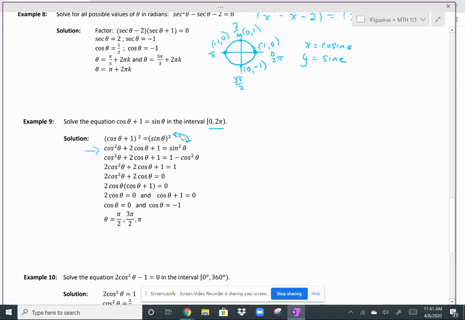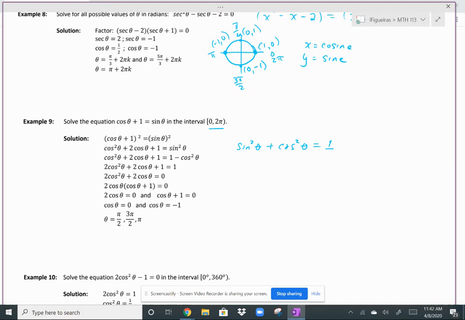All right, so now is when I'm going to do my substitution. Again, because I have sine and cosine in my equation, I'm going to get rid of the sine squared. So remember the Pythagorean identities, and this was the first one we learned, is that sine squared of an angle plus the cosine squared of an angle is equal to 1.